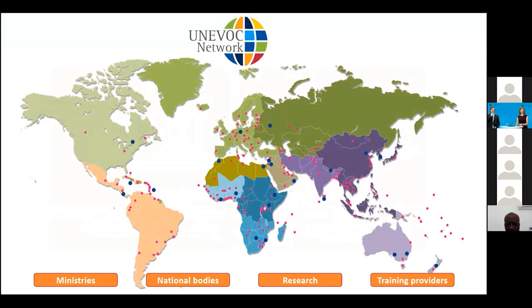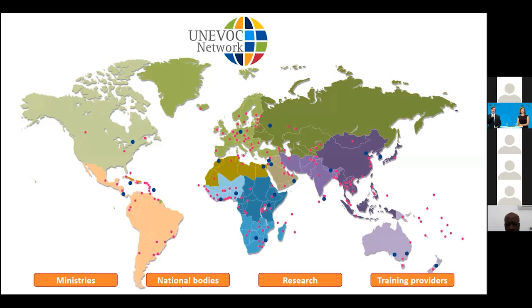So here you can see a slide of the Univoc Network. The Univoc Network is essentially a global network of TVET stakeholders, and they exist at various levels, which you can see. So ministries, national bodies, research institutions, or training providers, for example. Members of the network are recognized for their expertise in one aspect of TVET, and they're known as Univoc Centers.